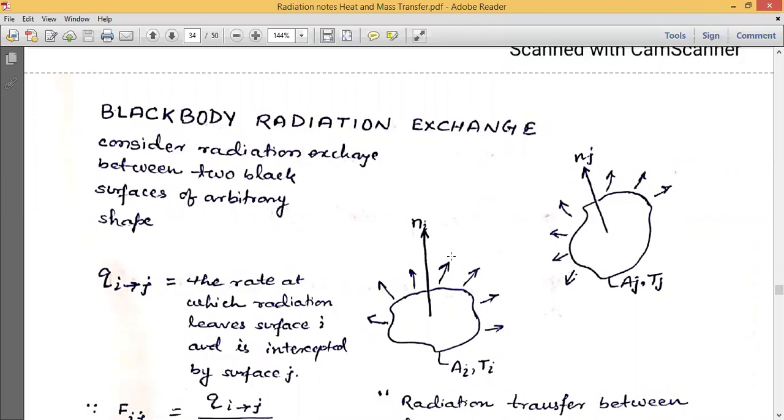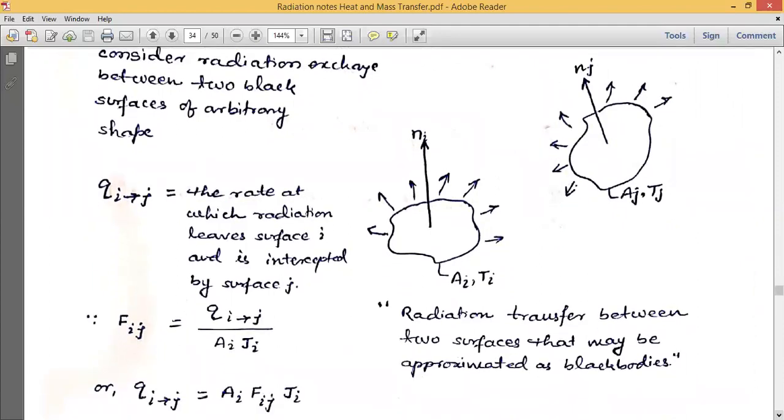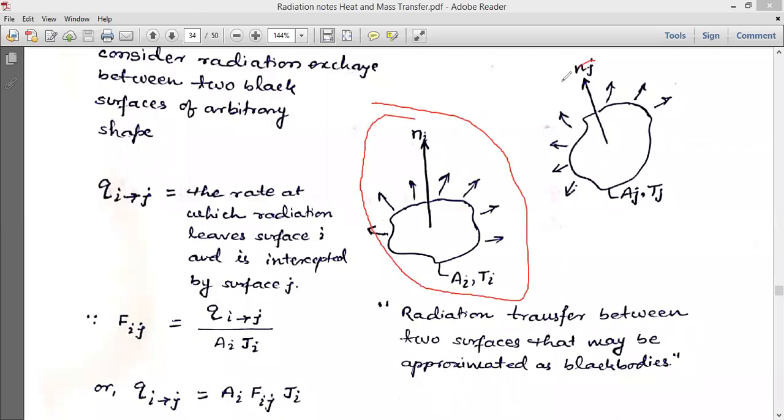For the discussion of black body radiation exchange, let us consider two black bodies which are randomly oriented. This is the first black body and this is the second black body. The first has area Ai and temperature Ti.